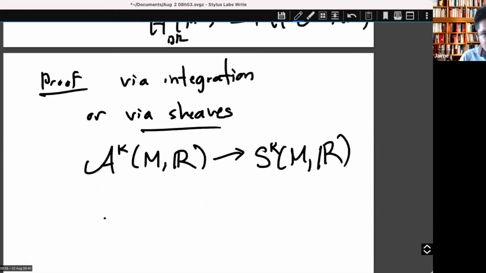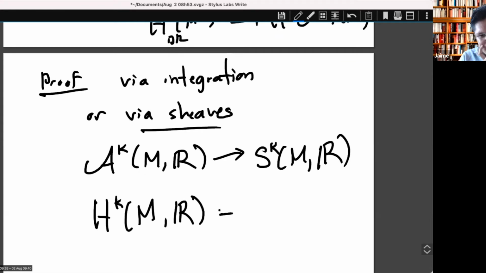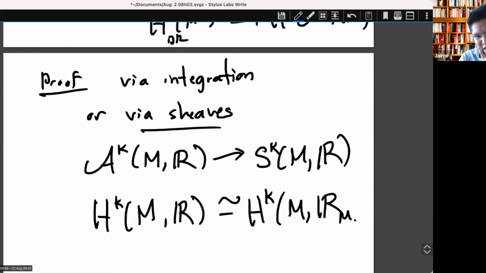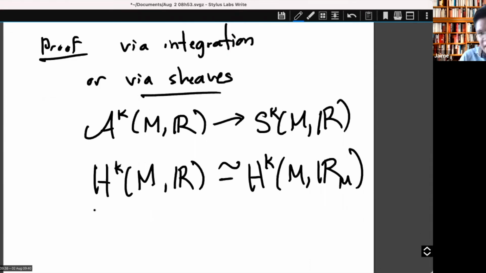Also, via sheaves, what we are going to need, I'm going to talk about this later, is the fact that when you take singular cohomology, this is the same as the cohomology of M over the constant sheaf of M, right? Okay, if you look at this suspiciously, don't worry, we will talk about this theorem later. But okay.